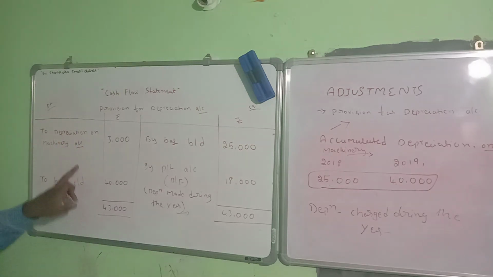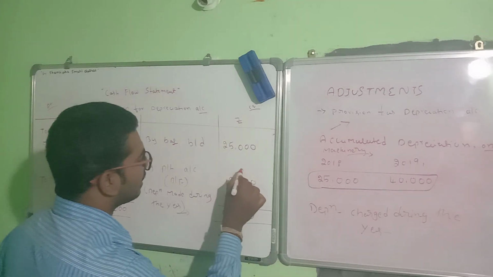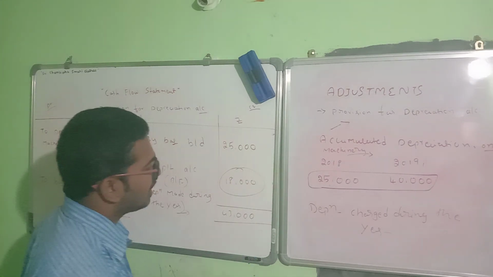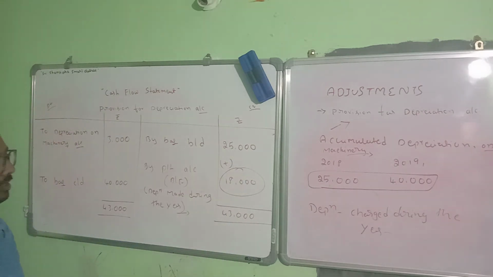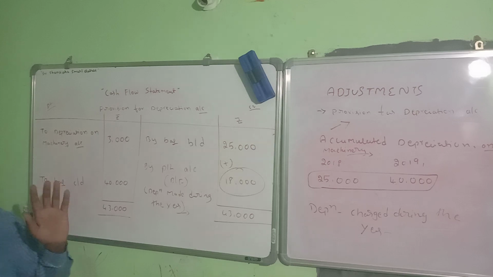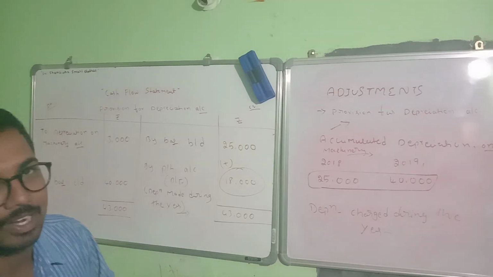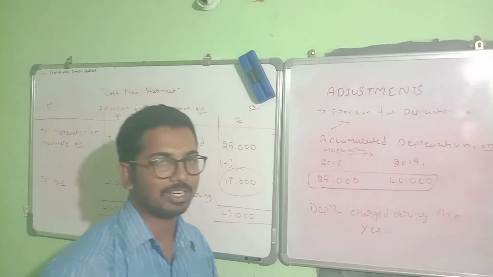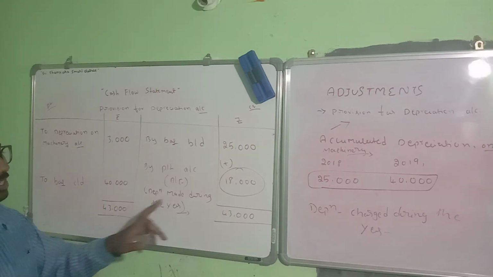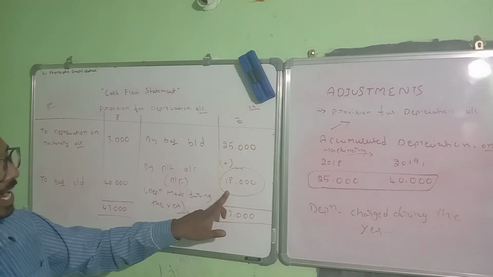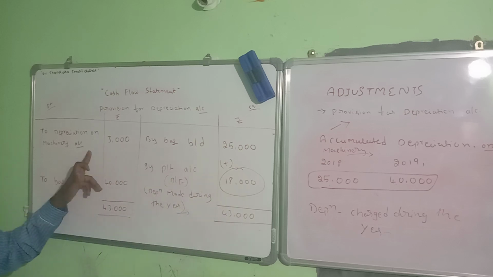How much depreciation you charge, you should take into account for preparing the plant and machinery account, and how much depreciation is made during the year will go to cash from operating activities, that should be added back to the net profit. So be clear, whenever you are preparing a provision for depreciation account along with the plant and machinery account, the final balancing figure on the provision for depreciation account will be taken into account as depreciation, not how much you charge on the part of the machinery.